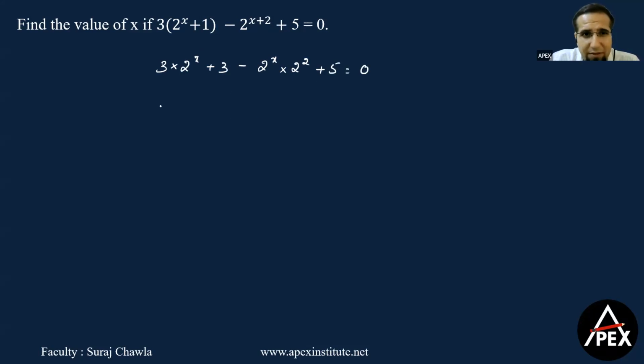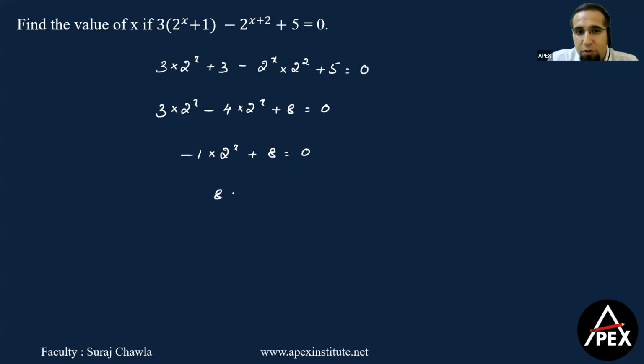So can I simplify this as 3 into 2 to the power x minus 4 into 2 to the power x plus 8 is equal to 0. Now we have 3 into 2 to the power x minus 4 into 2 to the power x, which will give me minus 1 into 2 to the power x plus 8 is equal to 0.